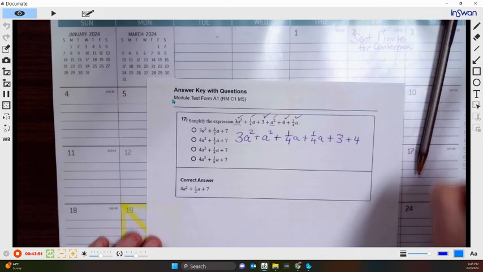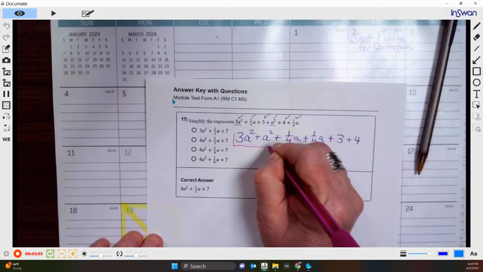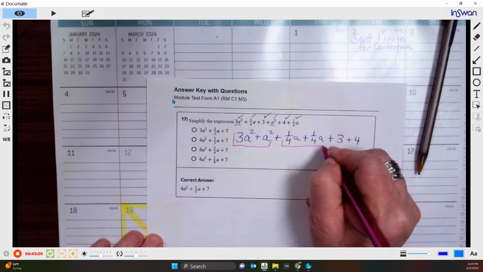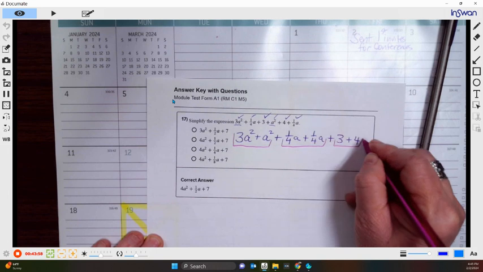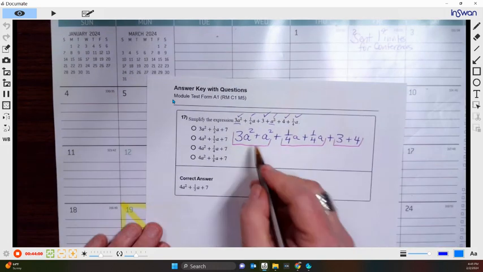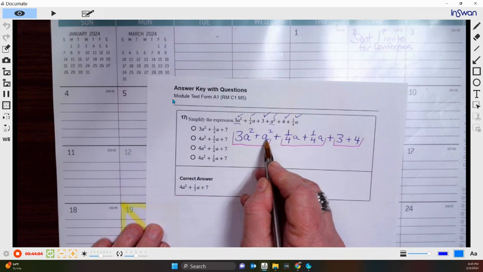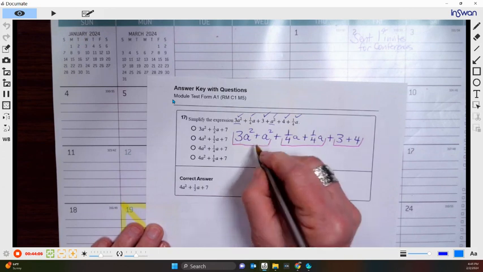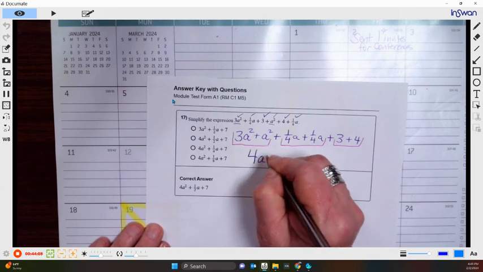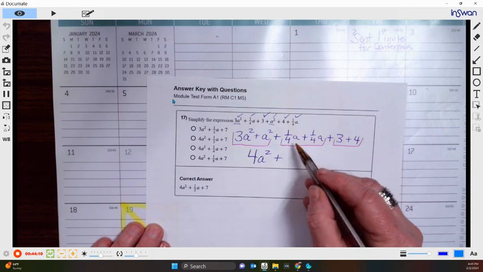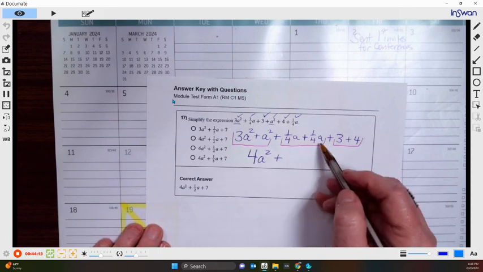So looking at this, I can put my a squareds together, I can put my a's together, and I can put my constants together. So in simplifying this, if I have 3a squared plus a squared, 3 plus 1 is 4a squared, plus 1/4 a plus 1/4 a.